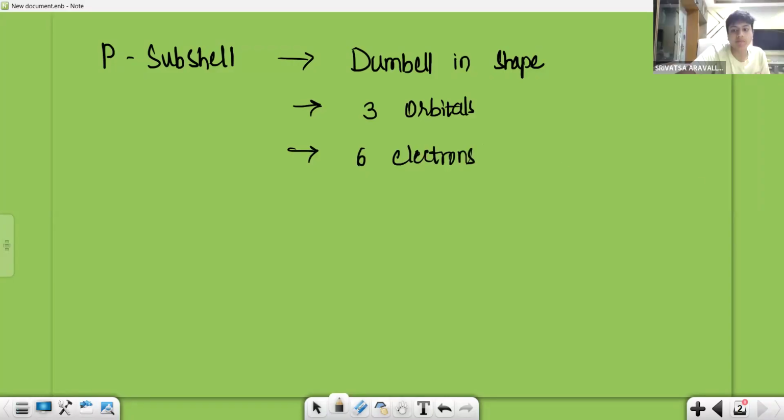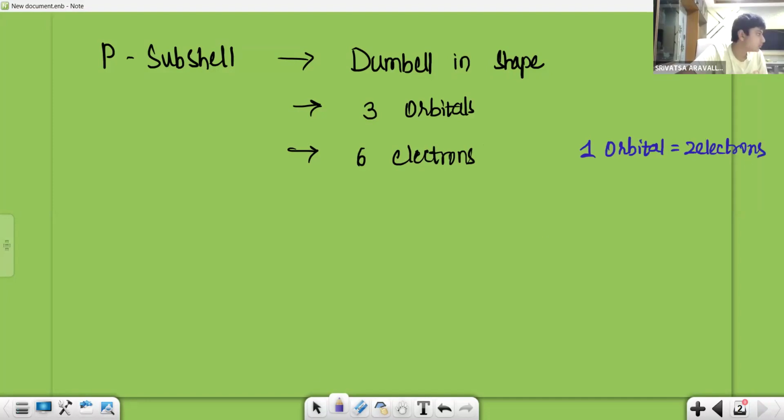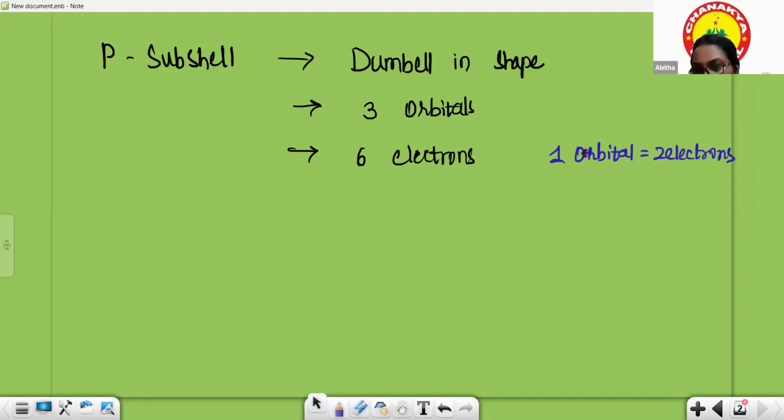You can make a note here: one orbital is equal to 2 electrons. Based on the number of orbitals each subshell has, you can easily find the electrons.